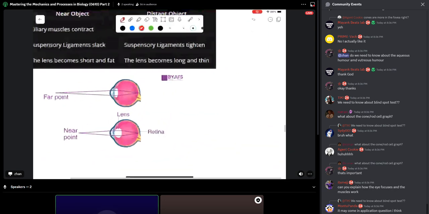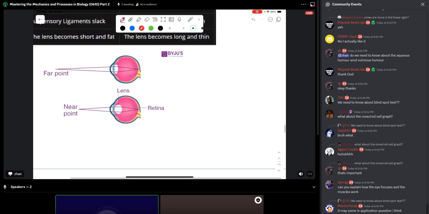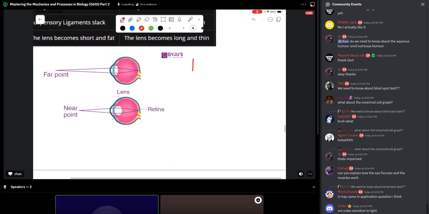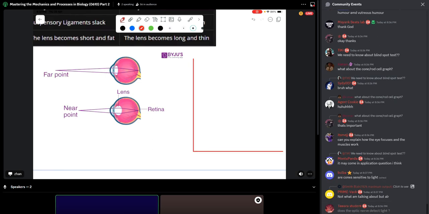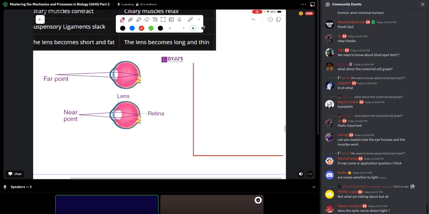Okay, all right. Now I will explain the rods and cones graph. I need to find it. Okay, this is how it looks. I just roughly remember what I know.